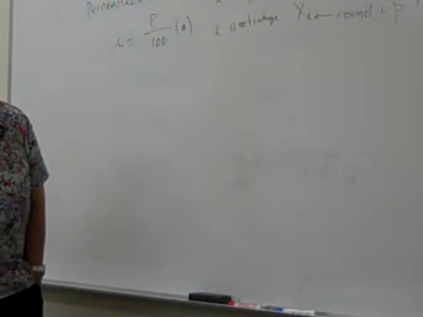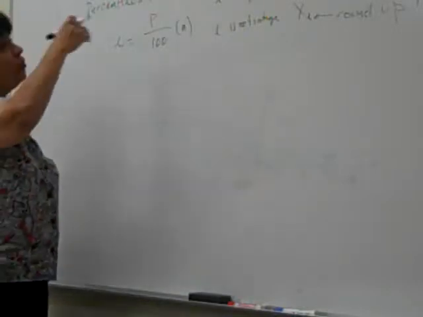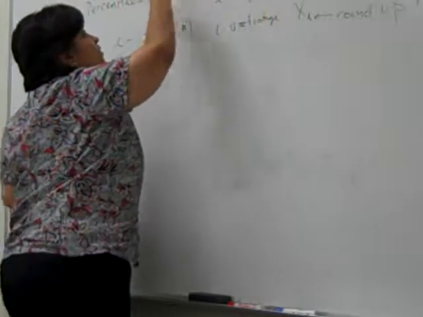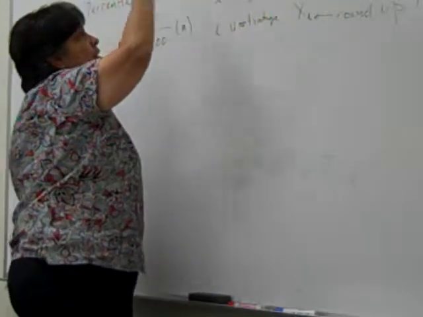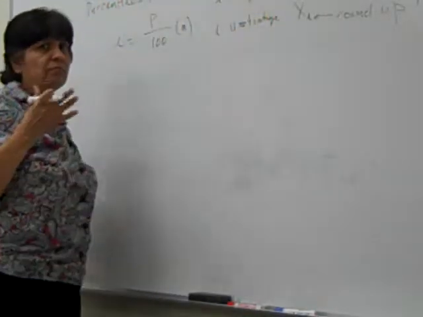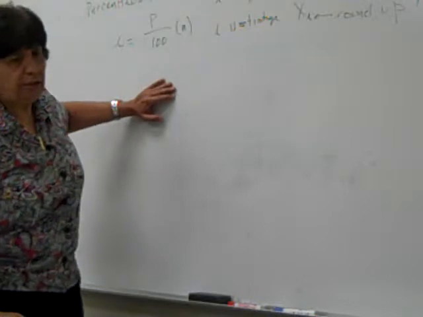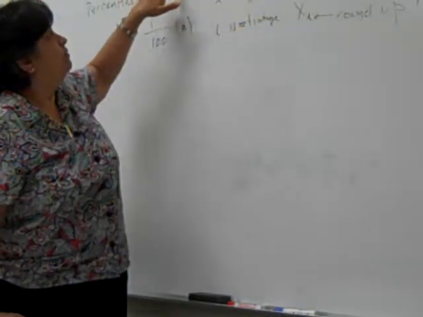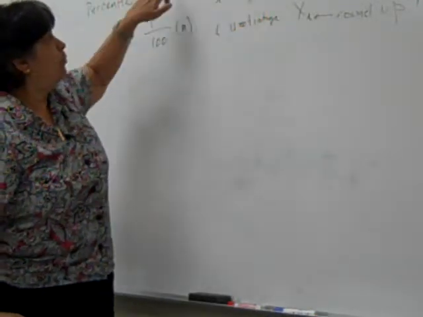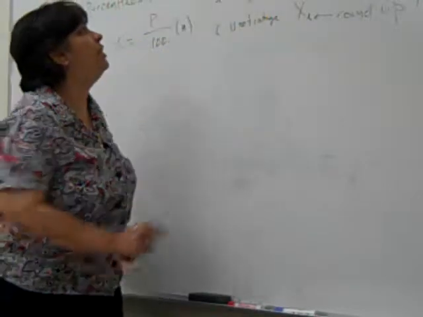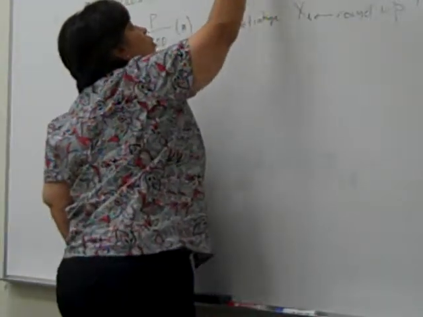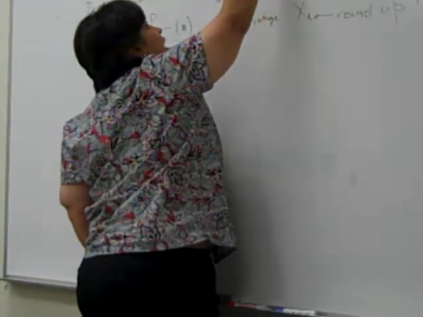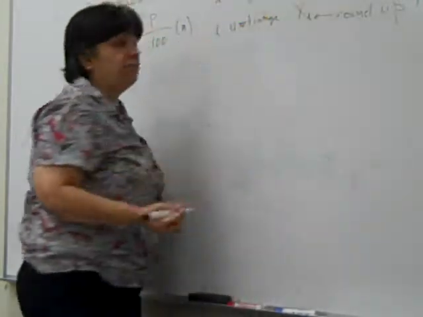Okay? Percentile rank. If you have the data set of your information, and it's already ordered, and you want to know what percentile a particular number has, there is a formula.